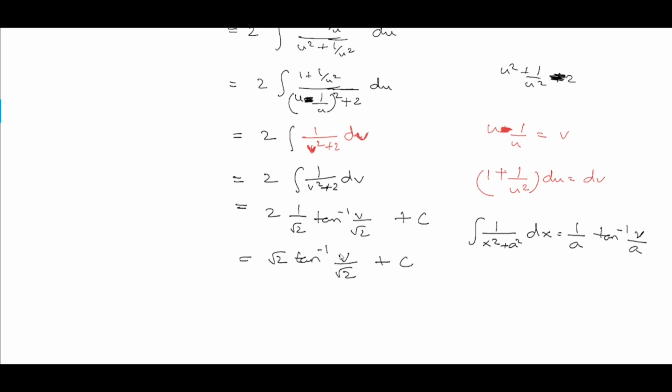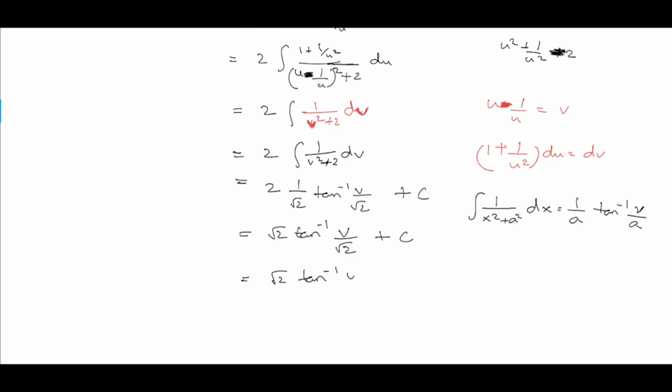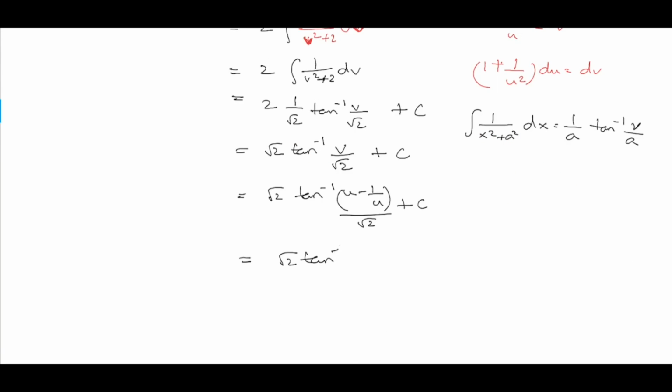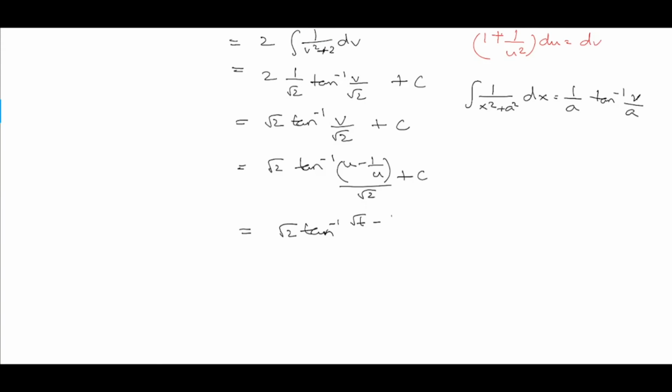But I didn't start out with v. My v was u minus 1 by u, so root 2 tan inverse of u minus 1 by u by root 2 plus c. Again, I didn't start out with u, so tan inverse of root t minus 1 by root t by root 2 plus c.